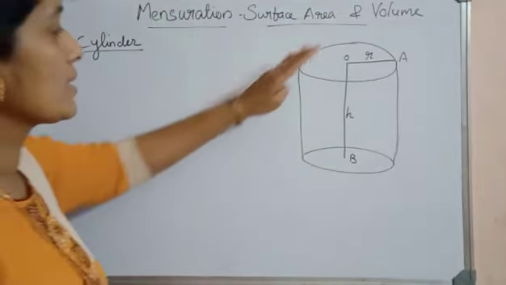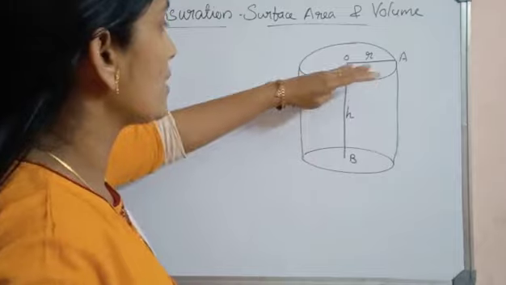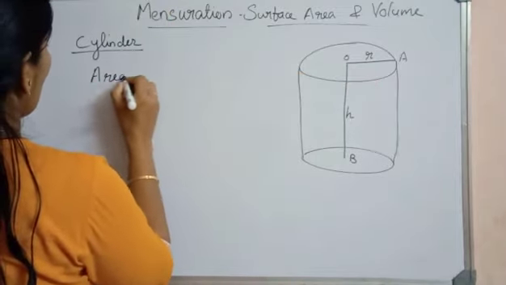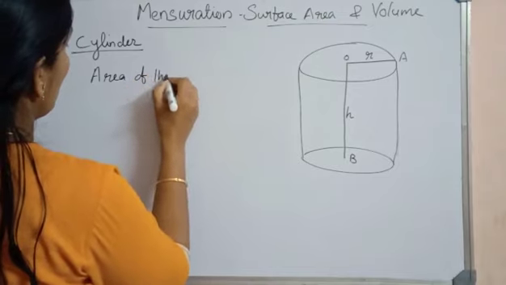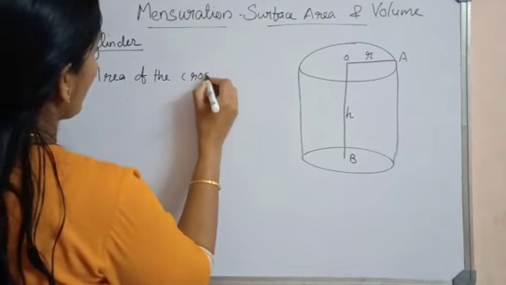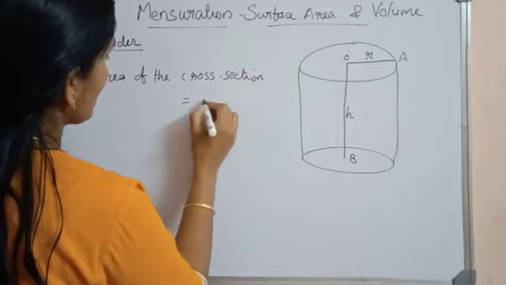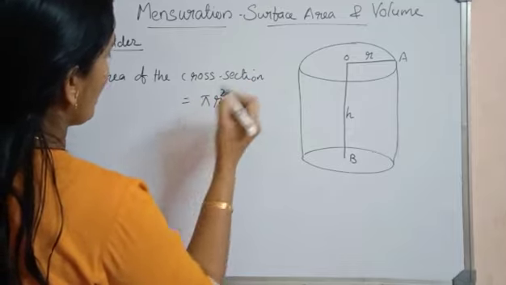As we know, this has two circular faces. The area of the circular face, that is called the area of the cross section, is equal to pi r square.